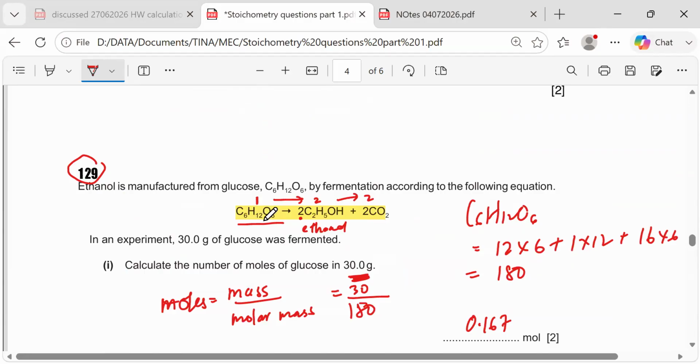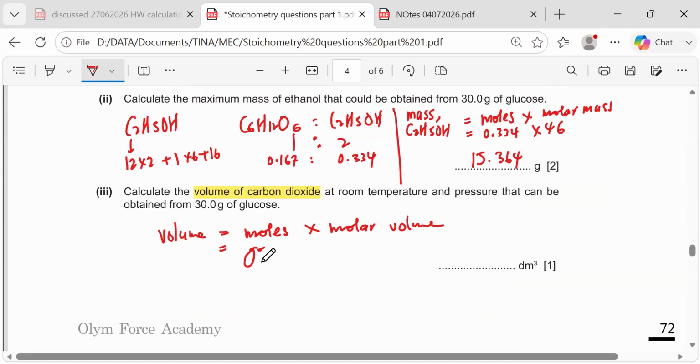So is it 0.167 or 0.334? 0.334. 0.334 times molar volume, which is 24. Okay? Make sense? Yeah. Okay.